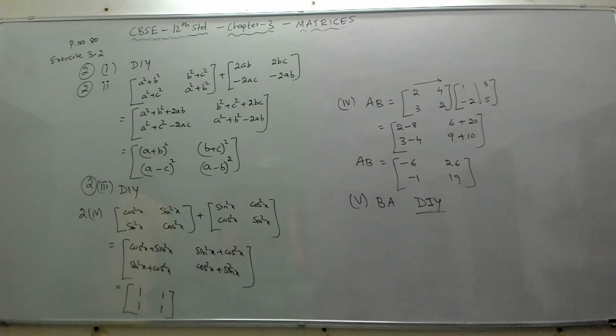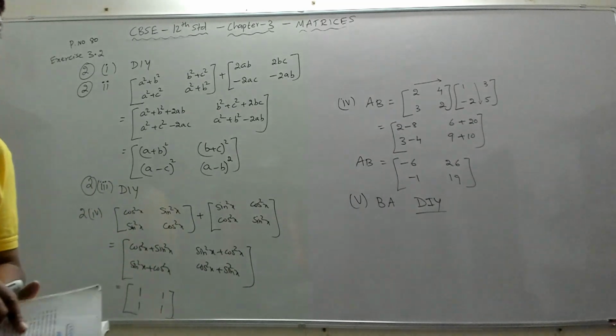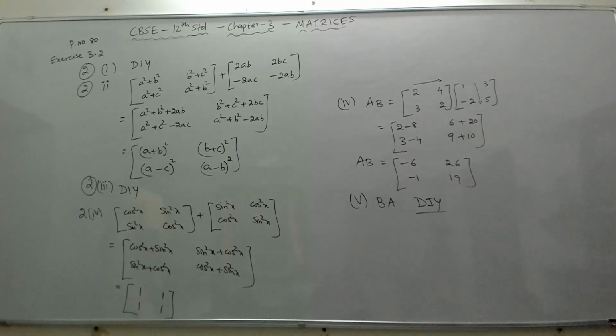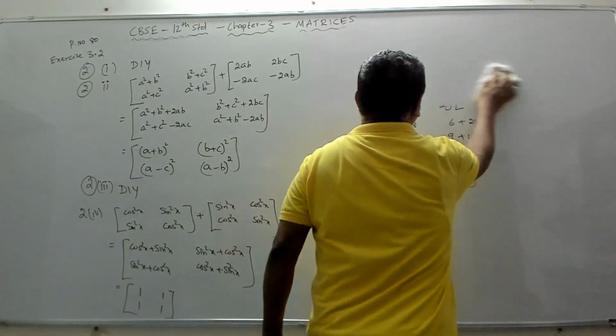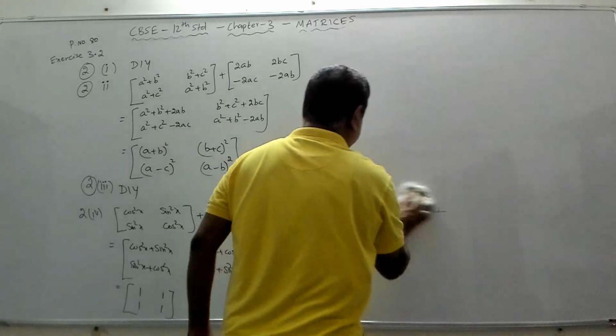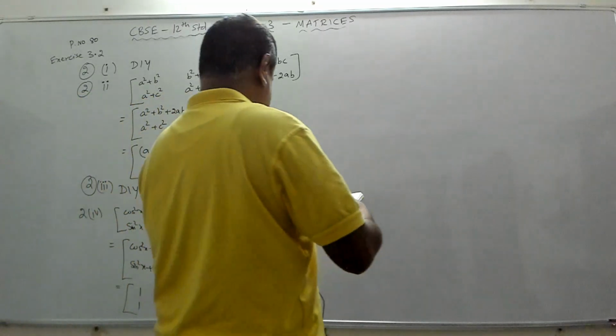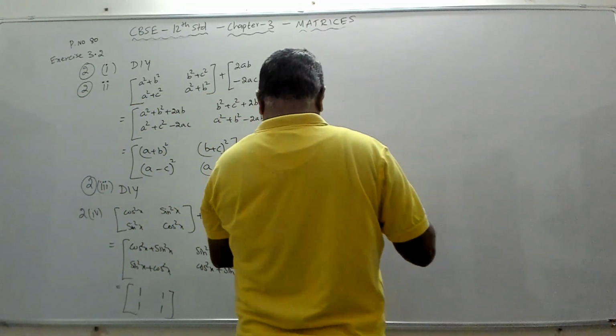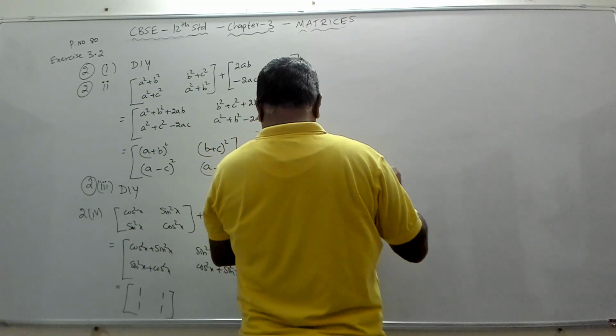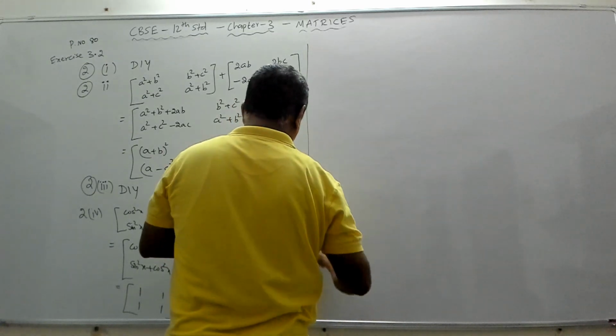Fine. So we will go to the third problem. All of you take the notes. So I'll do the third problem here. The third one is compute the indicated products, which means we need to find the product of the matrices.